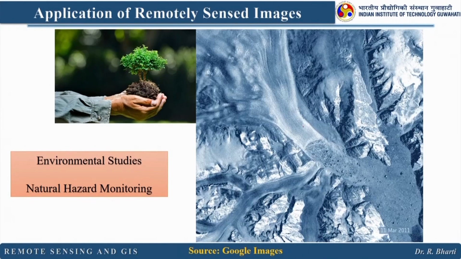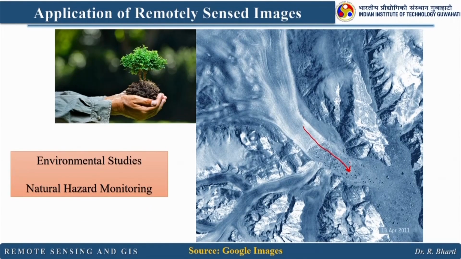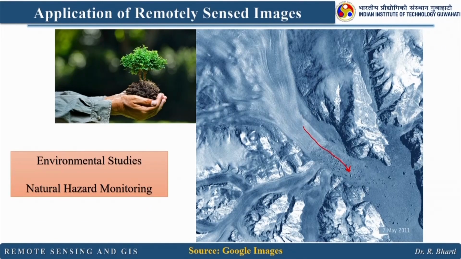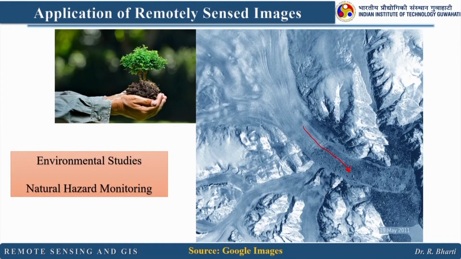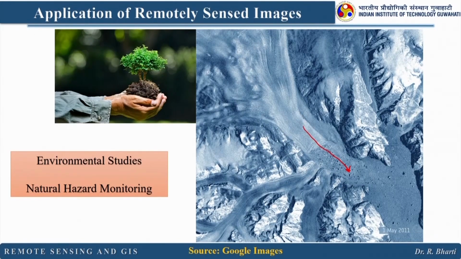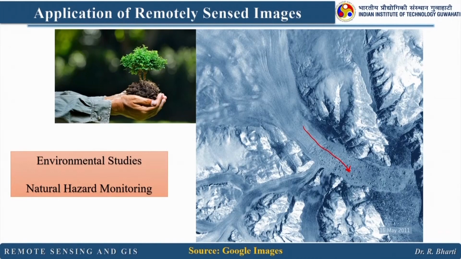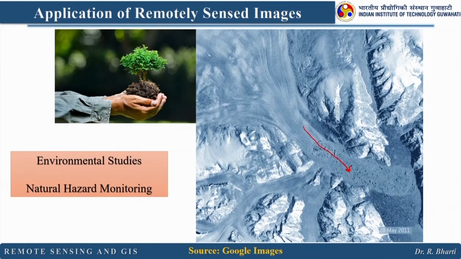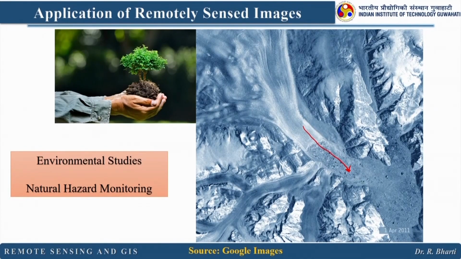Here you can see this area, it is moving slowly, which has been captured through satellites over the years. Now, you can always identify what is their direction and what is the mass which is actually coming in this flow. So, you can prepare for the hazards.